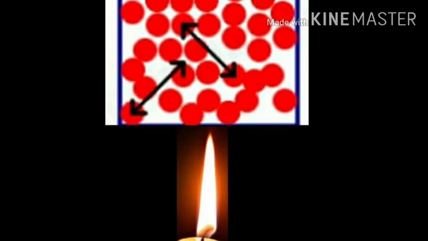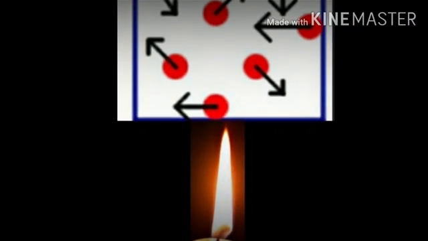and slowly the whole liquid becomes hot. Next, in air, the molecules are very far from each other. When the molecules of air near the source of energy become hot, they rise up, and when they rise up, the place below becomes empty, a vacuum.